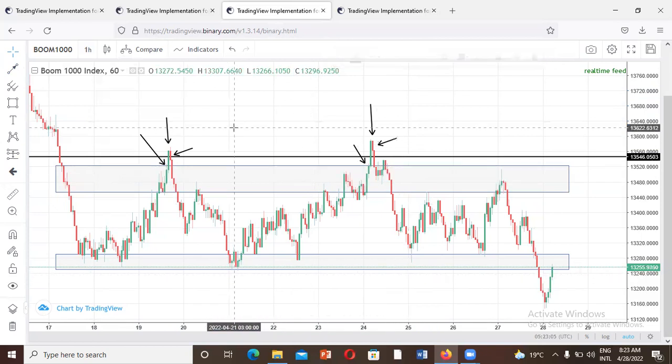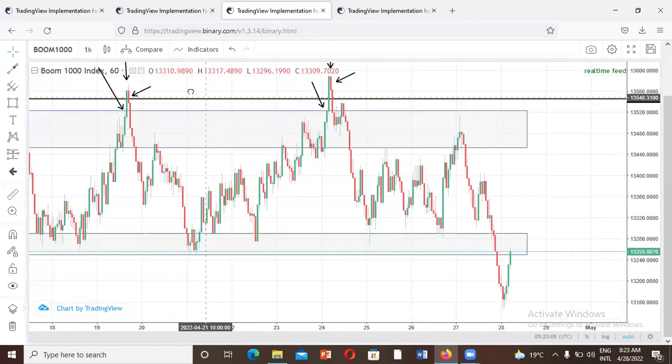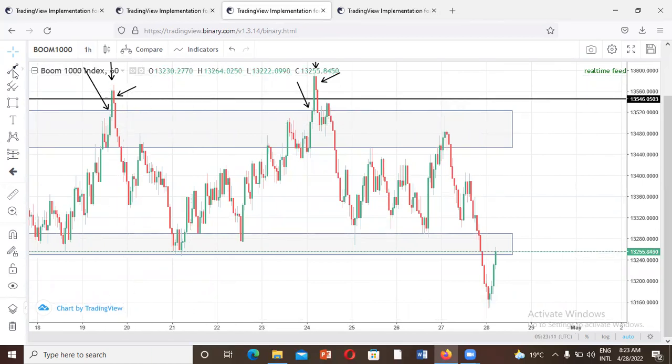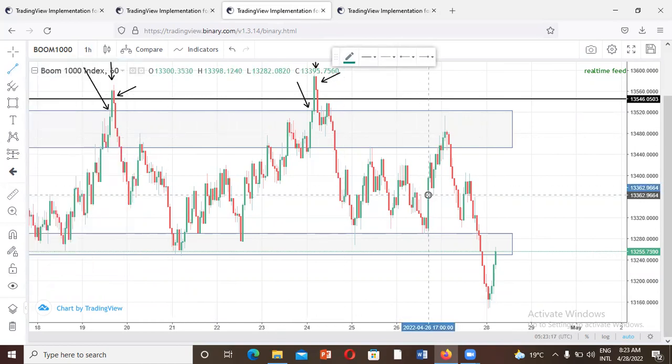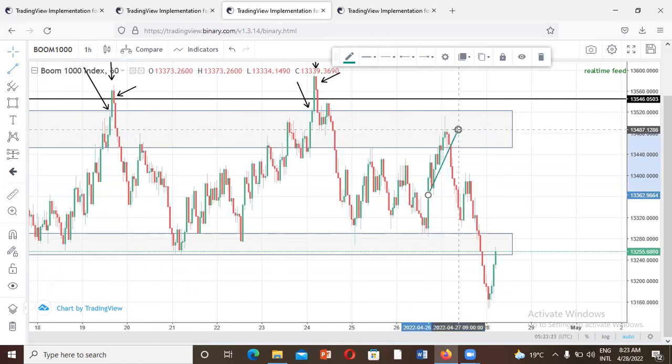The other thing is your perimeter fences also bring about the presence of something called a chart pattern.